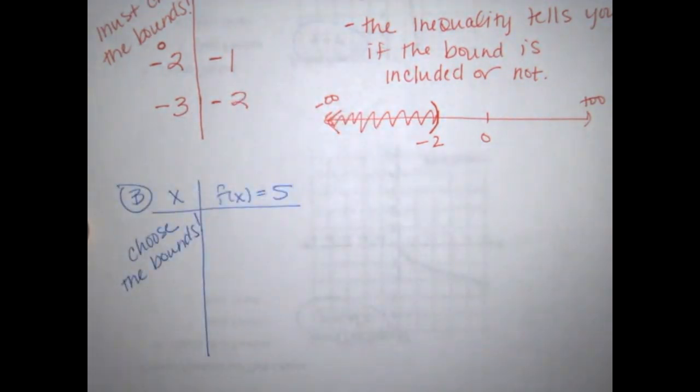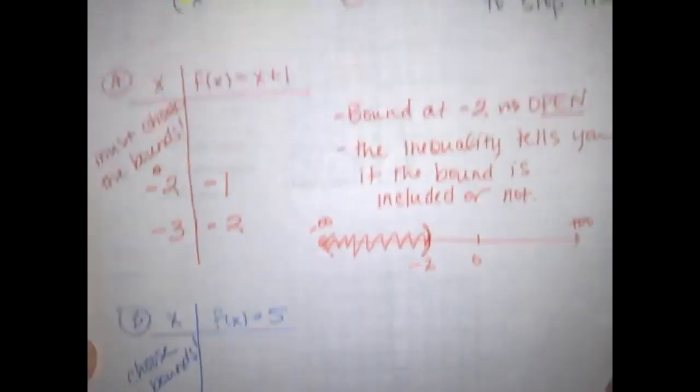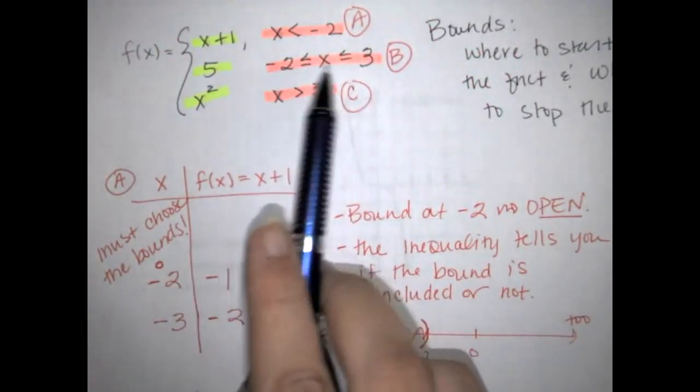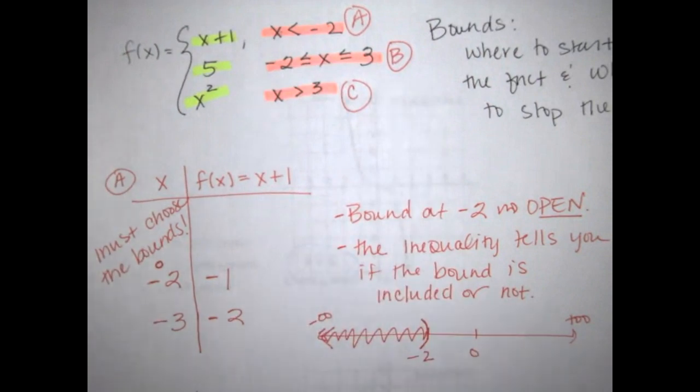So in this case, notice my bounds here are -2 to 3. I've got 2 of them. If you have 2 values that are surrounding your x, those are the 2 that you need. So I have to use -2 and 3.